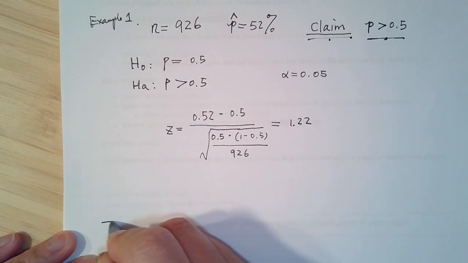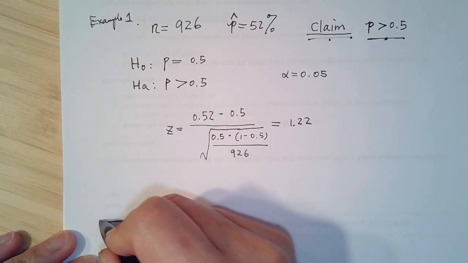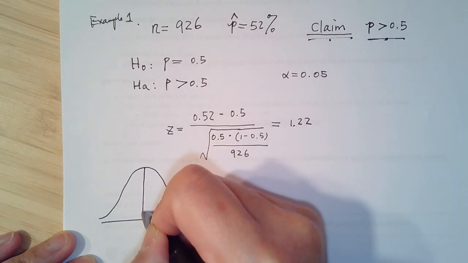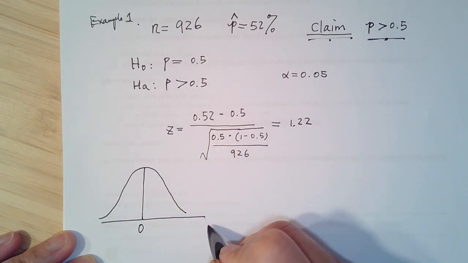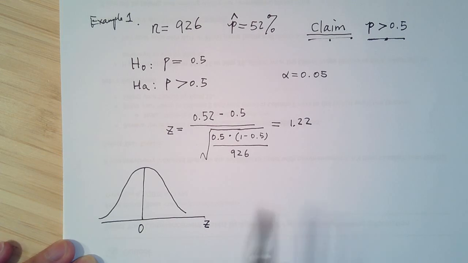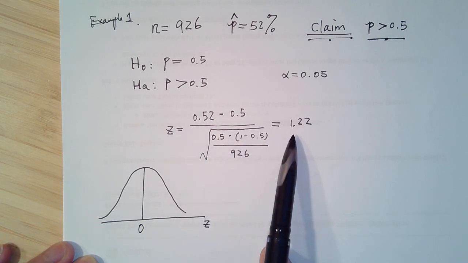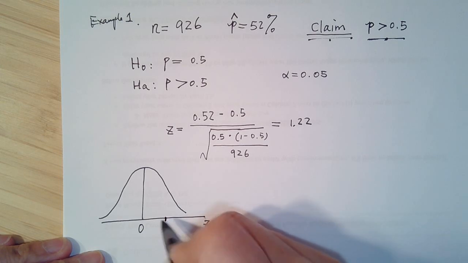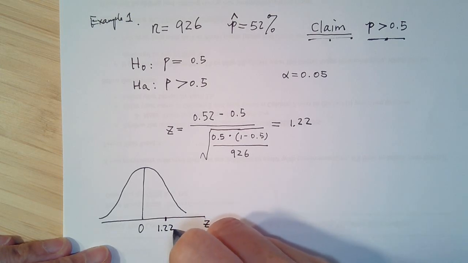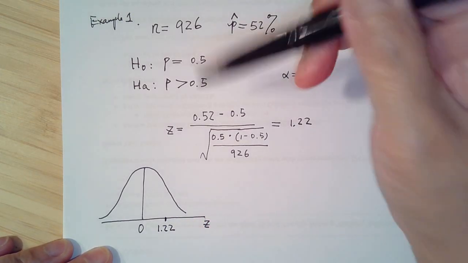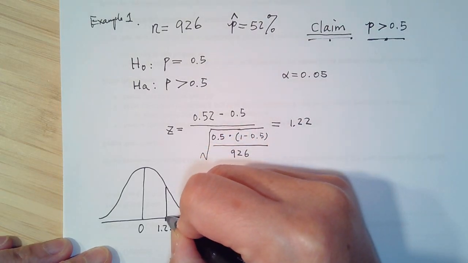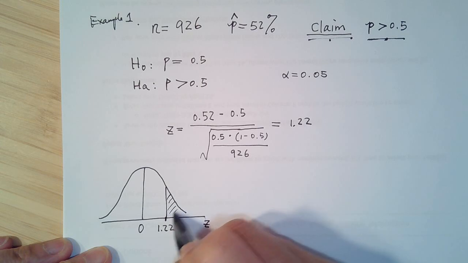All right, now next. Okay, be very careful. So next what I'm going to do is I'm going to draw the Z-curve. I think you're already very good at this. Here's the Z-curve, okay? And I find my test statistic 1.22, that is a Z-score. So here I put 1.22. All right, now because this is a right tail test, I'm going to shade the right tail to the right of 1.22.